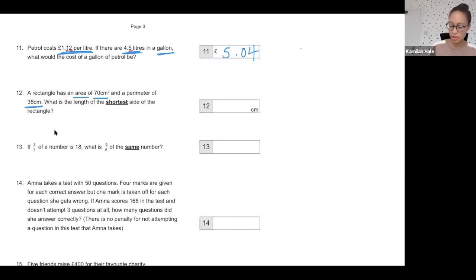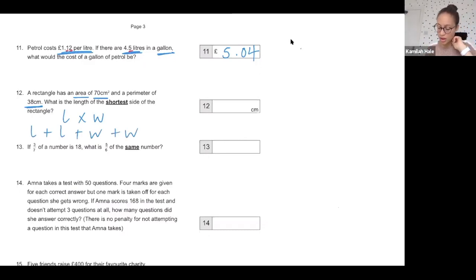Yep, length times width. And then how do we find the perimeter of a rectangle? Yeah, so we find the perimeter by doing the length, add the length, and the width, add the width.